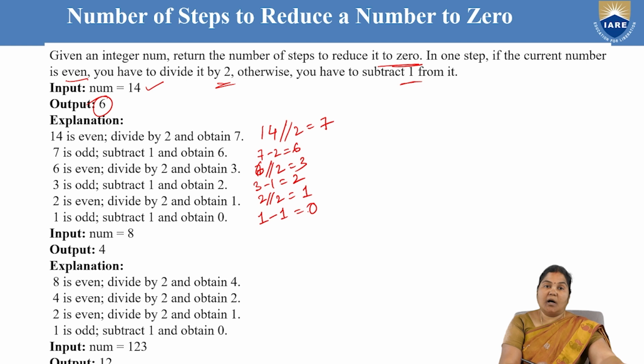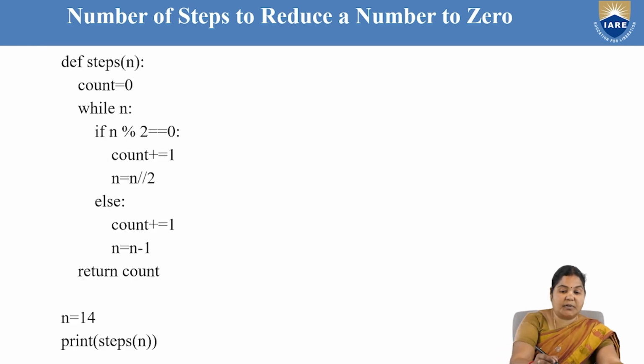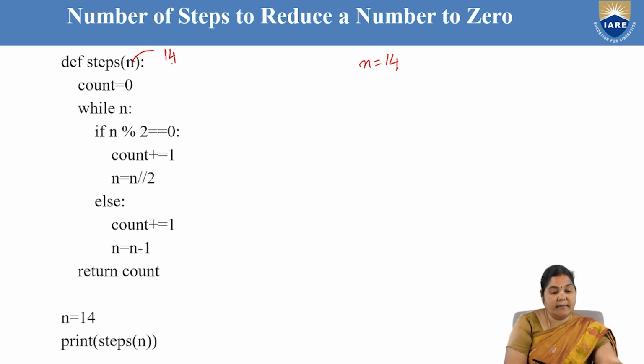Right? Now, how to write the code for solving this question? Let us understand, num is equal to 14. We are calling a function steps and we are passing 14 here. Initially, we have taken a counter because we have to count the number of steps.